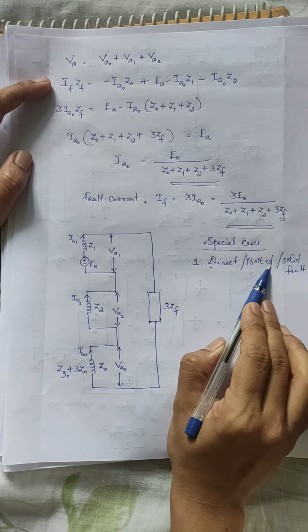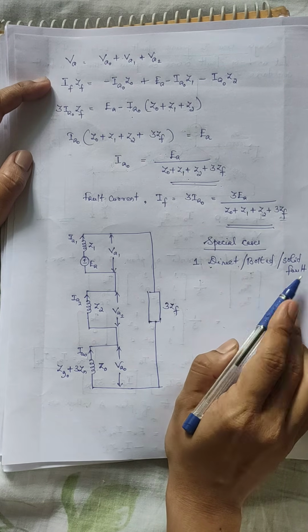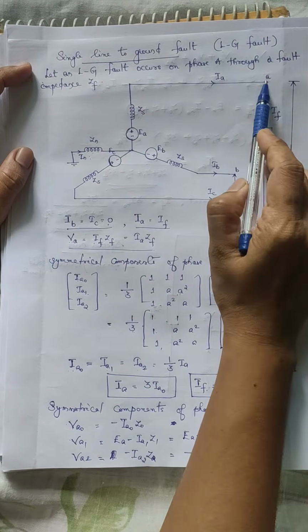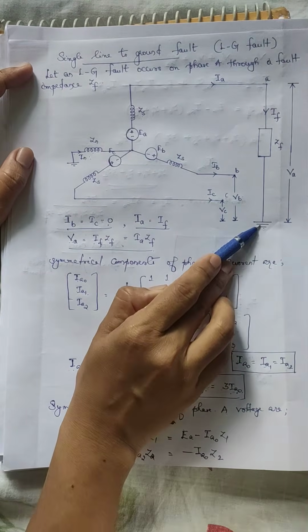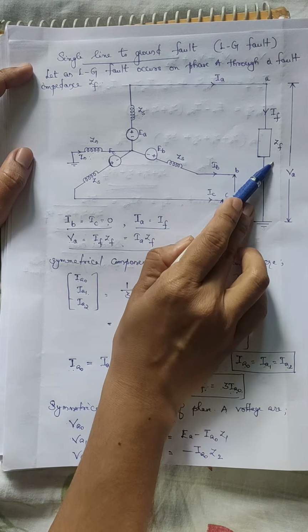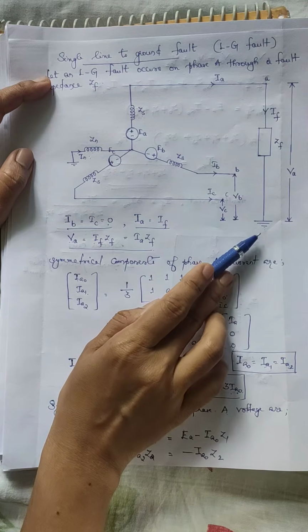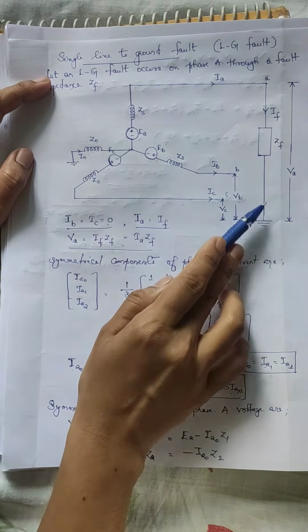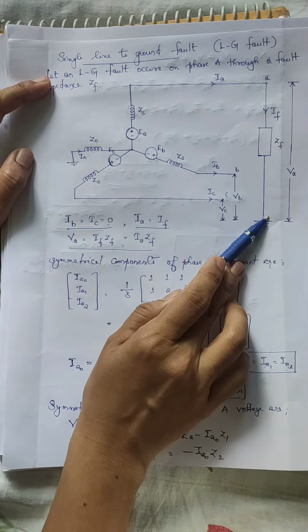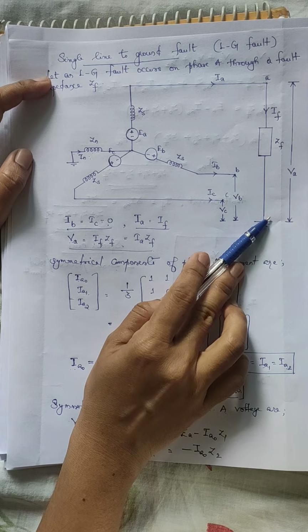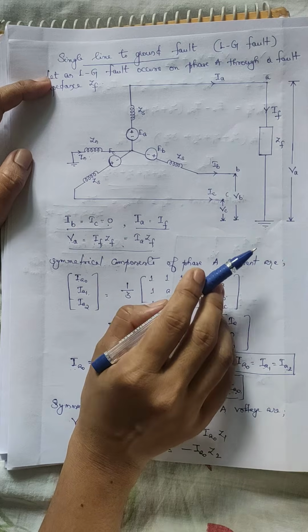What is that? It is the fault when phase A is getting directly connected to the ground without a fault impedance. So if a particular phase is connected to the ground directly, it is known as a direct fault, a direct short circuit fault, a bolted fault or a solid fault.